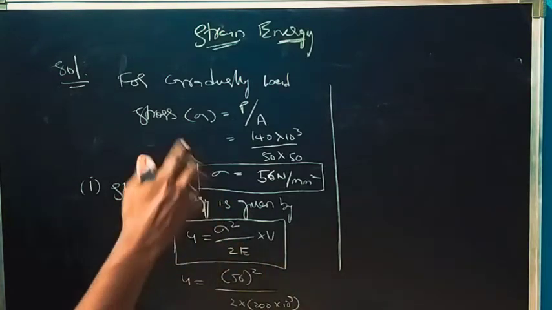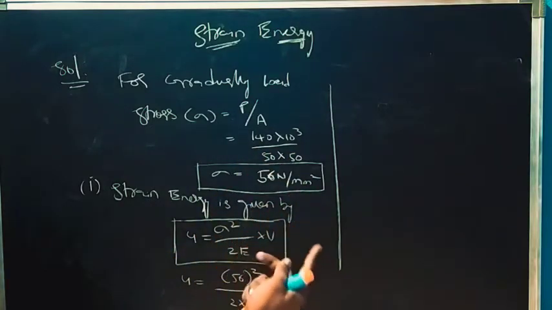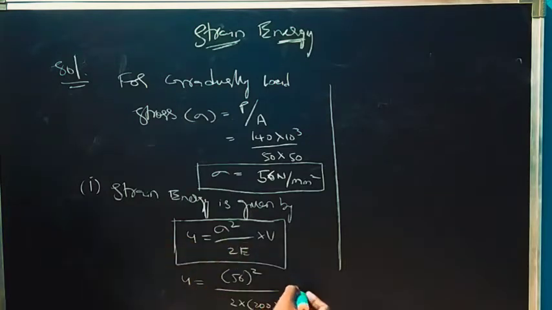E is given in gigapascal, so 1 gigapascal is nothing but 10 to the power of 3 Newton per mm square. Into volume, that is 50 into 50 into 3000.